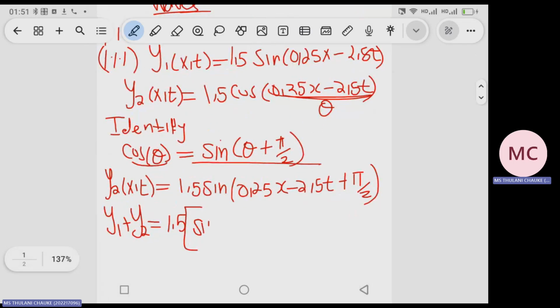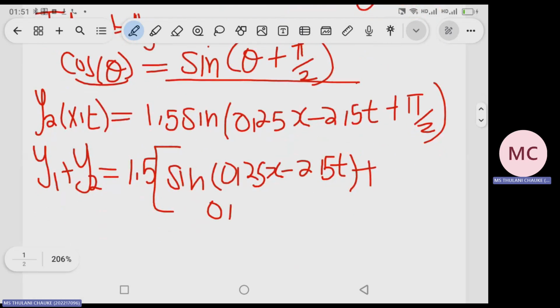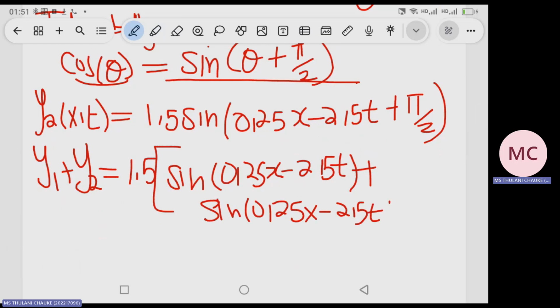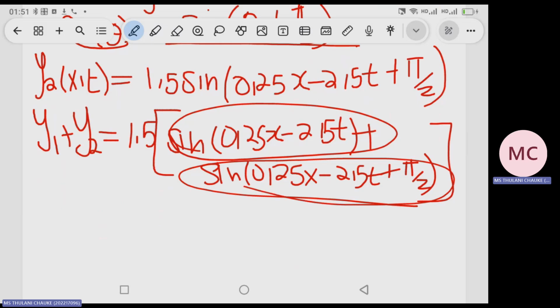And then we will have sine of 0.25x minus 2.5t plus, and then we'll add the second equation, which is the sine of 0.25x minus 2.5t plus pi over 2. So we're adding y2. This one is our y1, this one is our y2.